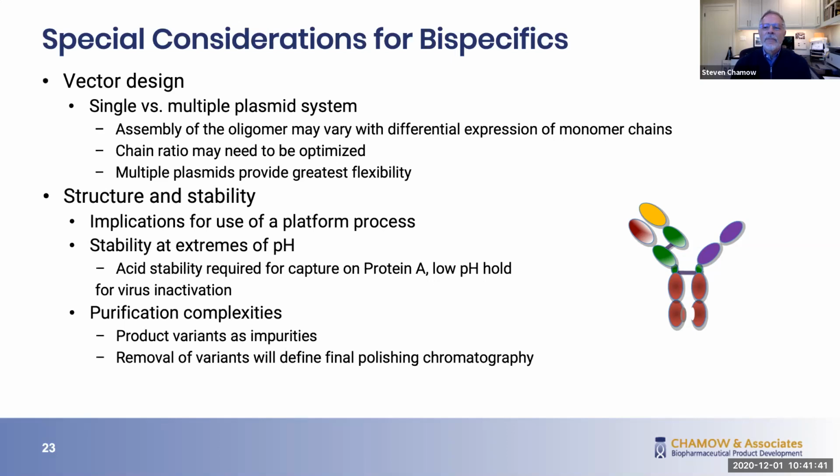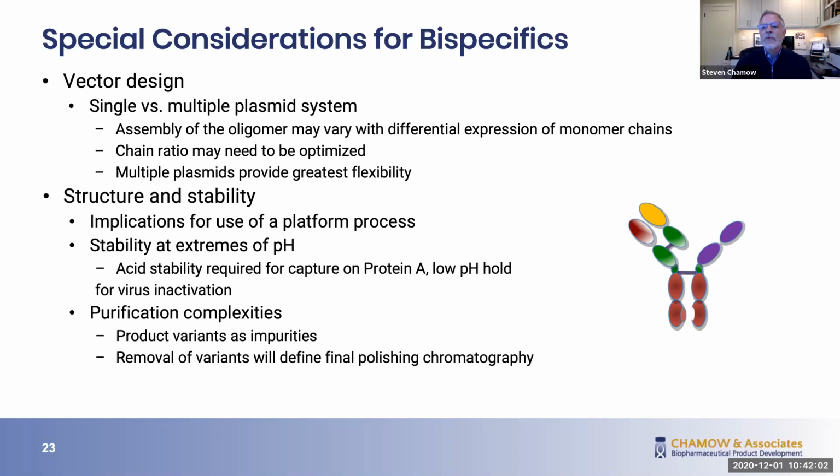And the best way to do that is to use multiple plasmids, which provide the greatest flexibility. One of the implications of bispecifics is that assembly is not assured. It's much more straightforward in a monoclonal assembly of the oligomer.